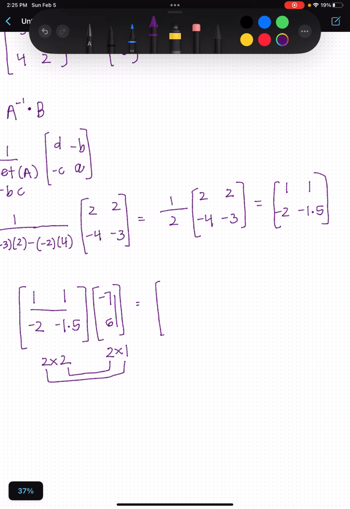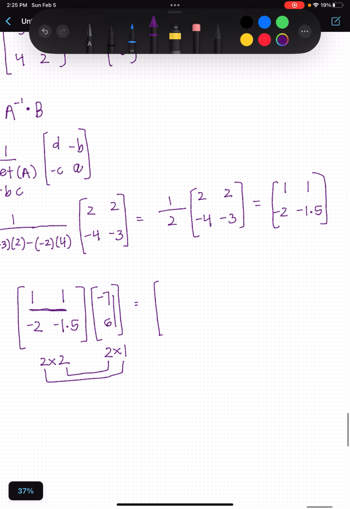The first number is going to be the first row times the first column, which would give me 1 times -7 plus 1 times 6. And then the second answer will be the bottom row times that same column.